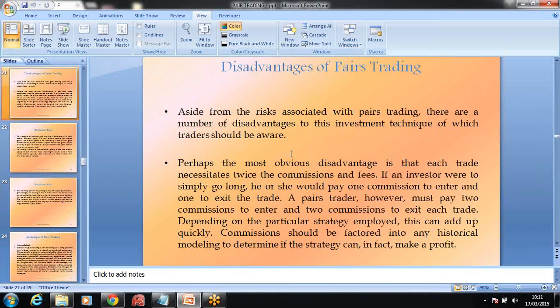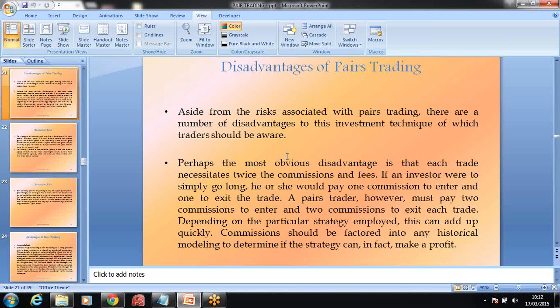The first and foremost disadvantage of pair trading is the capital required. You will have to invest in two stocks at a single time, for a single trade. Otherwise, in normal cases, you either buy a certain script and wait for your profits and then exit that trade.